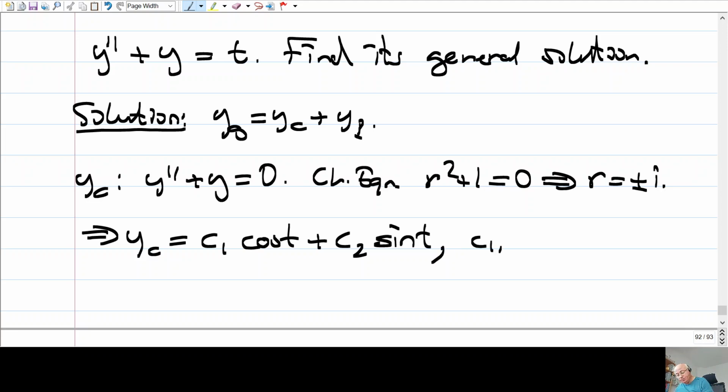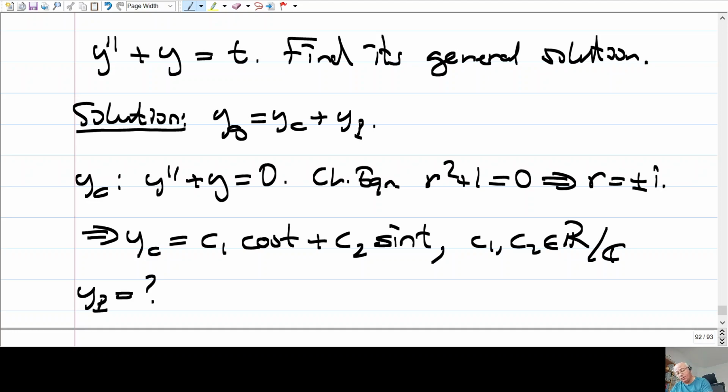And here C1, C2 are just real or complex numbers. What about a particular solution? Well, in general, finding a particular solution might be challenging. We will see examples.